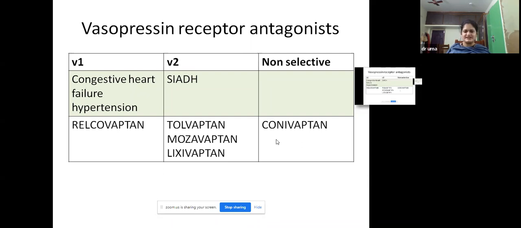Conivaptan is a non-selective vasopressin receptor antagonist. Tolvaptan, mozavaptan, and lixivaptan are V2 selective, and relcovaptan is V1 selective. Conivaptan is also used in SIADH.